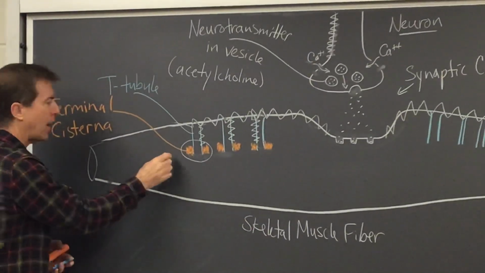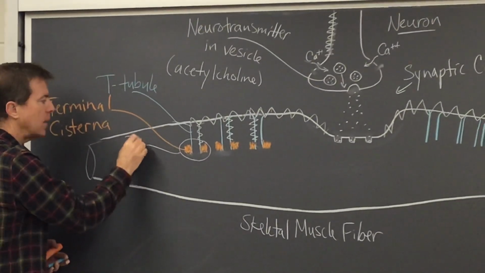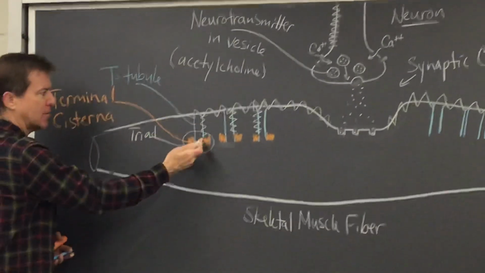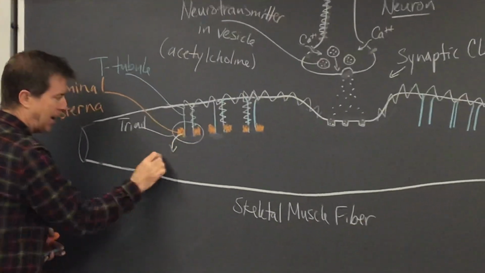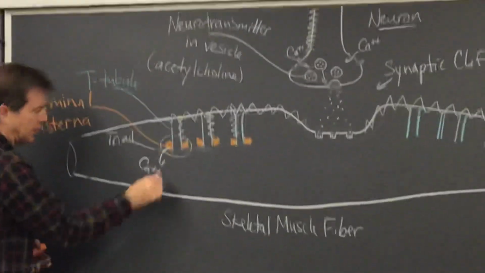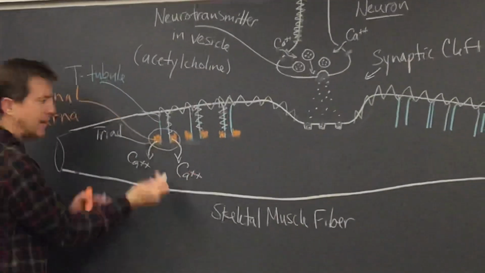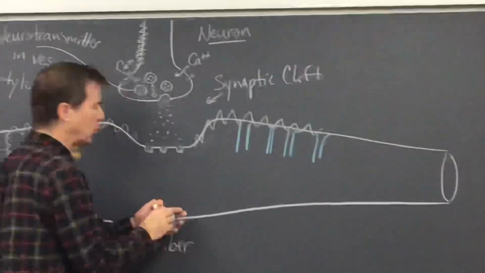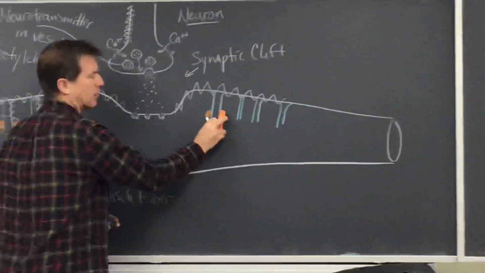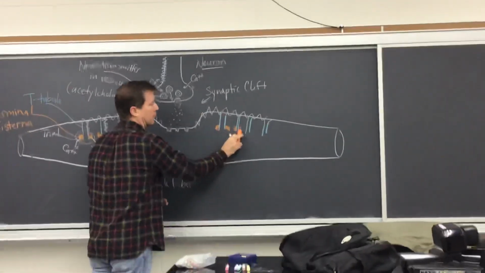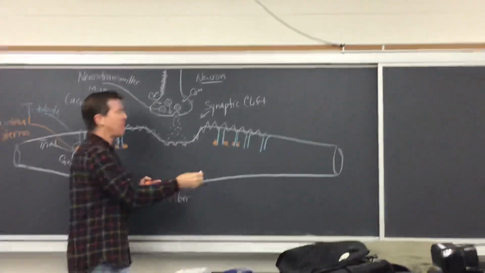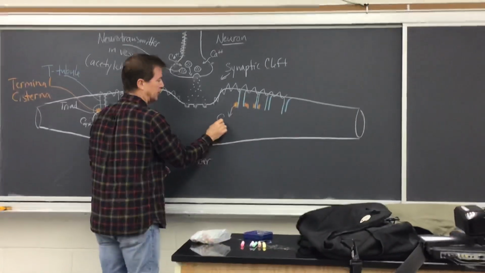So at this triad, when the electrical stimulus reaches this point, calcium ions are released from the terminal cisternae. And this happens at each T-tubule base in the muscle cell. So we get calcium ions flooding the cell.